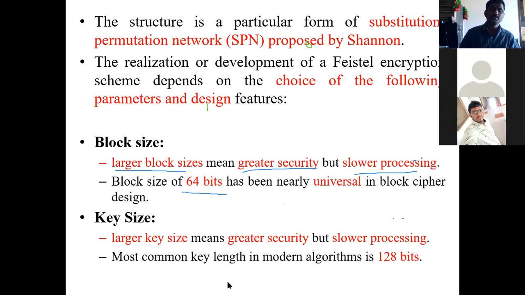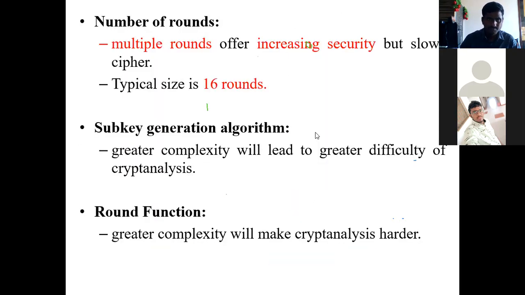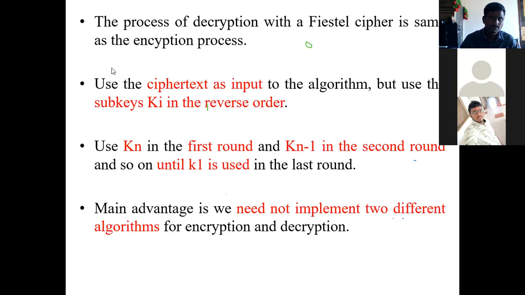Most commonly we take 128 bits in all modern algorithms as a key size. In block size we have taken 64 bits, in key size 128 bits. These are the two parameters we have seen. Let us see the remaining parameters, that is number of rounds.